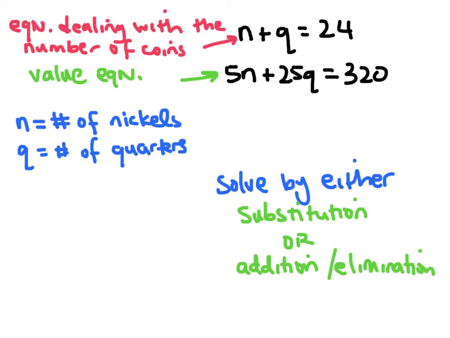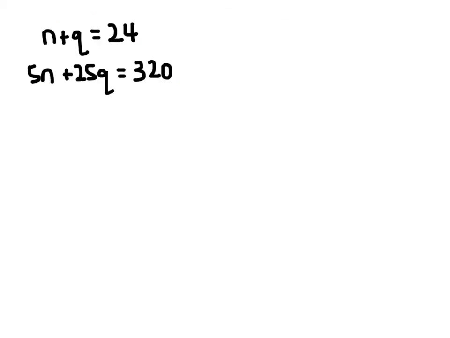However you decide to solve this system, just make sure you find what the value of n is and what the value of q is in order to answer what the problem is asking for. Now, my personal preference to solve this system would be to use the substitution method. And you can use the addition method if you'd like. You'll still get the same results. But if I'm going to use the substitution method, I have to remember what equation would be easy to solve for.